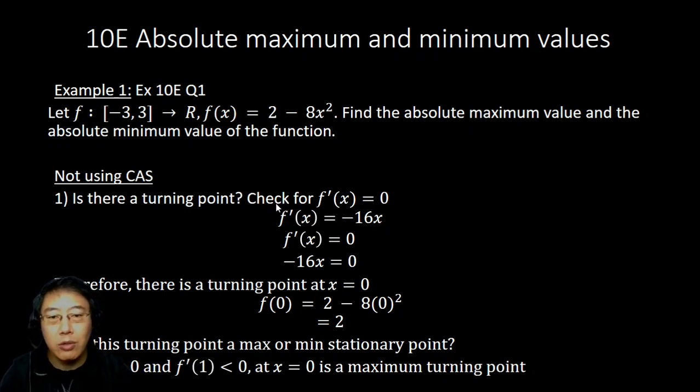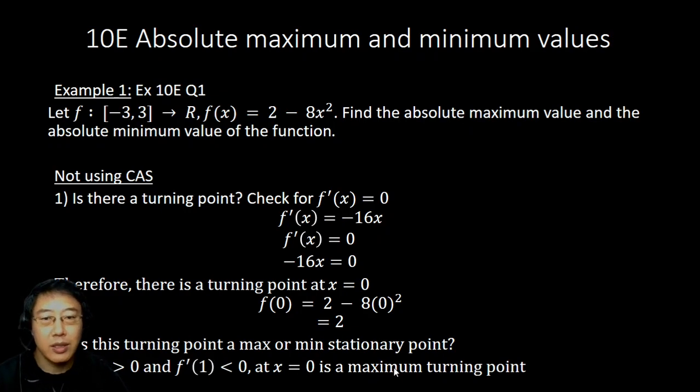So the general situation is you determine your turning point, you differentiate, you solve it for that equation equals 0. You find that you have a turning point at x equals 0, which is a 2. Now determine the type of point that you have. Is it a minimum, maximum, or a point of inflection? So we look at the derivative on the right and the left.